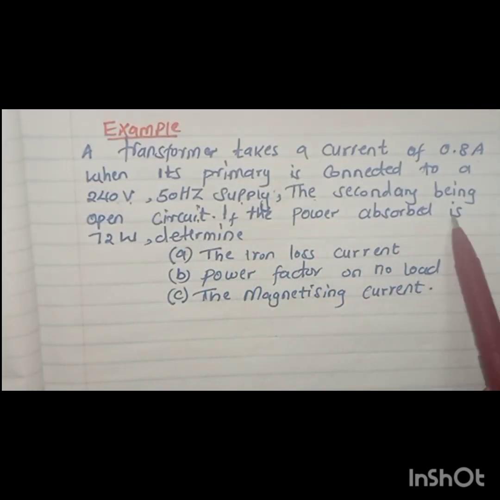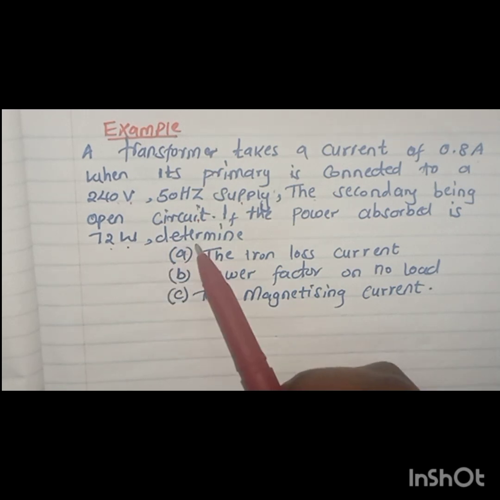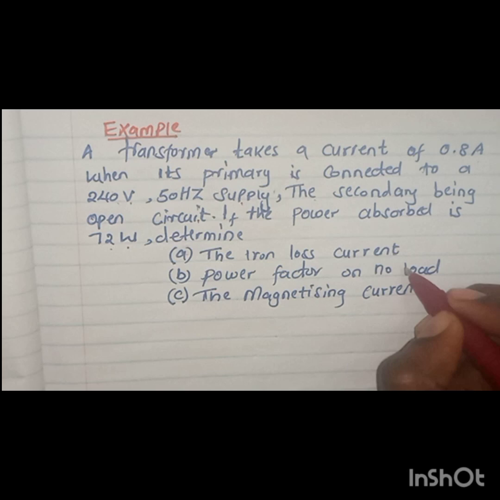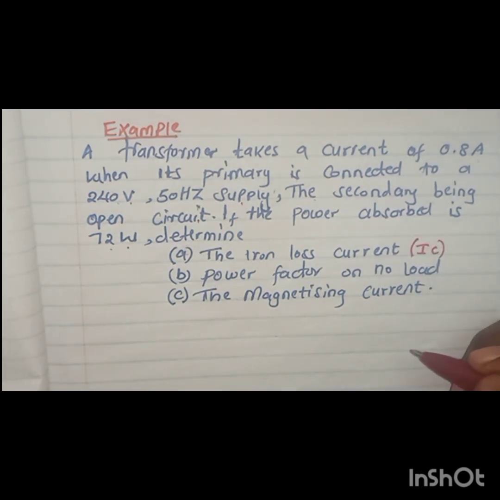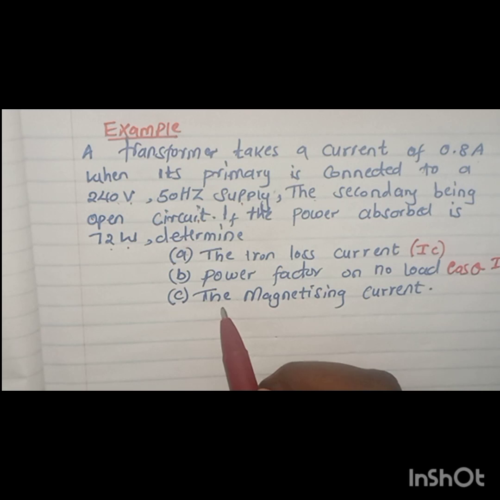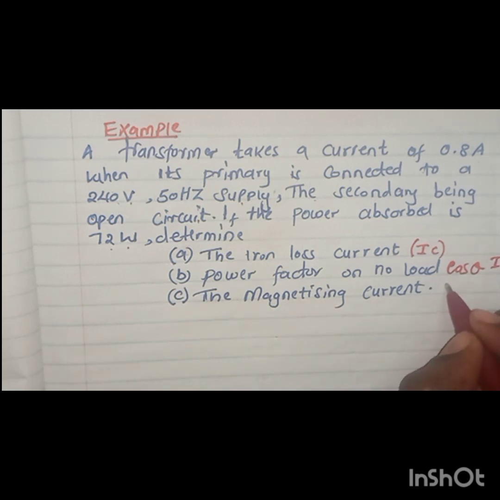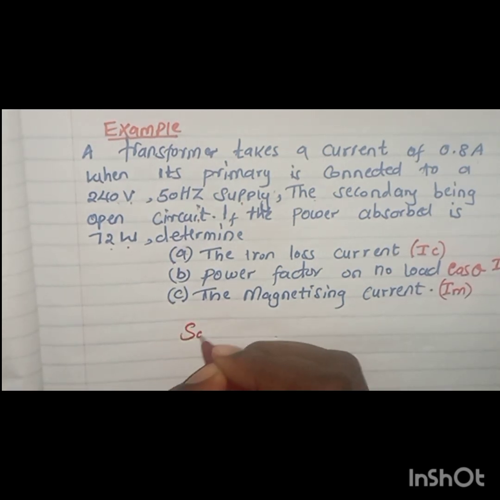If the power absorbed is 72 watts, then we are required to determine the iron loss current, which is our IC. We are also required to determine the power factor on the load, which is our cos theta, or IC over I naught. We are also required to calculate the magnetizing current, which is our IM. So let us look at the solution.